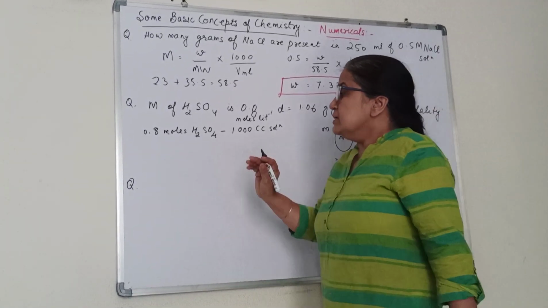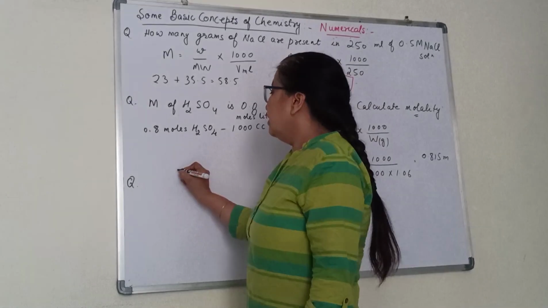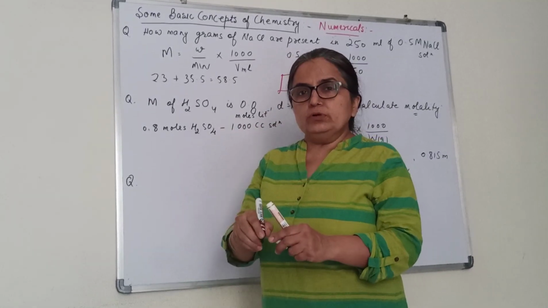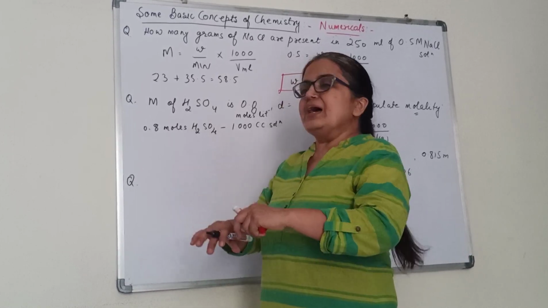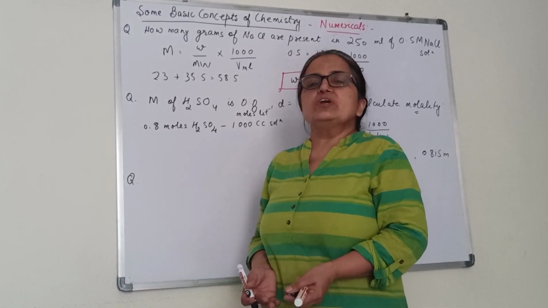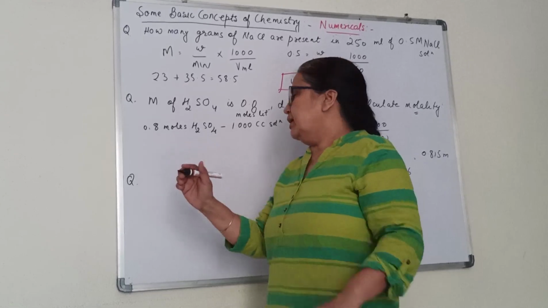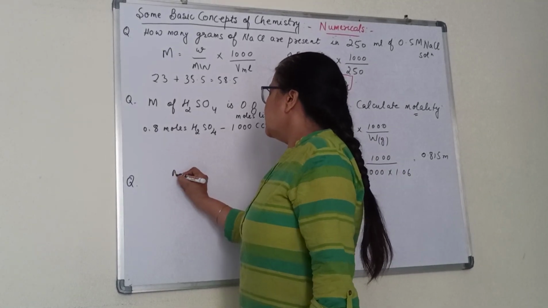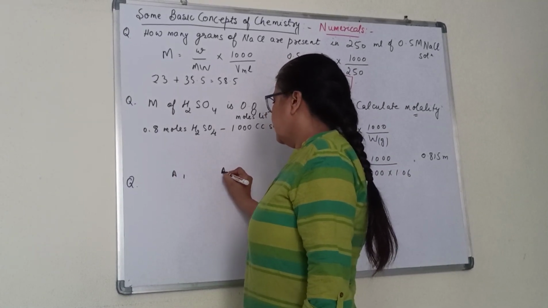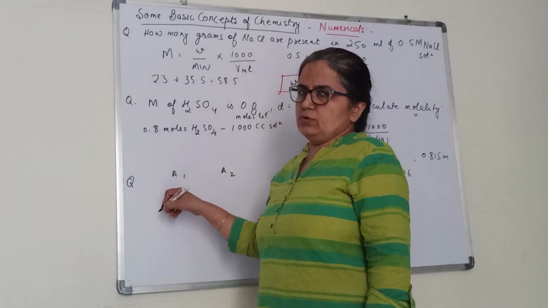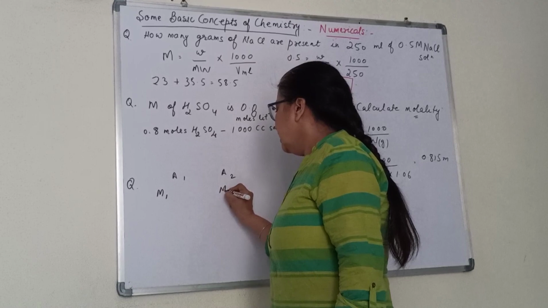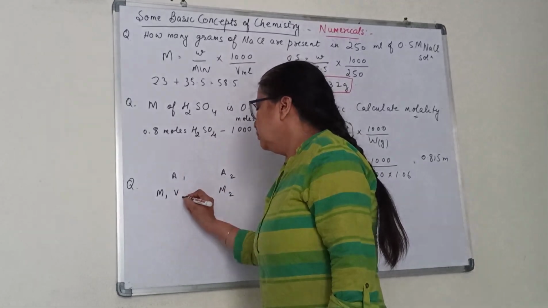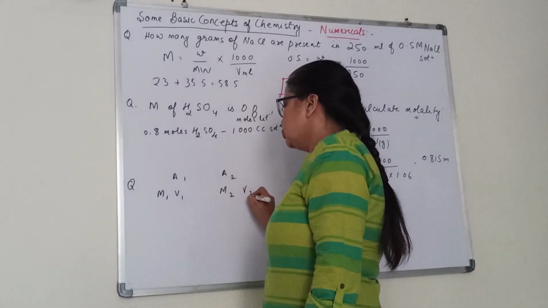No problem. Sometimes you are given the same solute, say 2 acids, 2 bases, different molarities, different volumes, and you are asked to calculate what is the final molarity. Suppose you have acid 1 and the second acid, or base also instead of that. Molarity M1, molarity M2, volume V1, volume V2 is known.